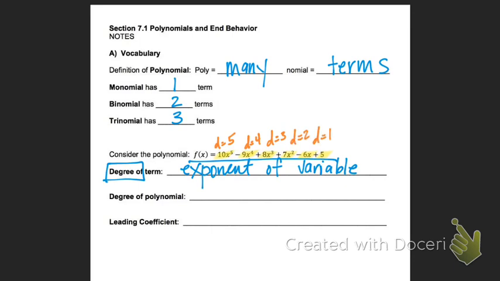What about this next one? 0. Good. If it doesn't have an x attached to it, it's like saying x to the 0 power. It has no degree. Each term has a degree. As a whole, the degree of the polynomial is just your highest degree. Good. So in this case, it would be 5.